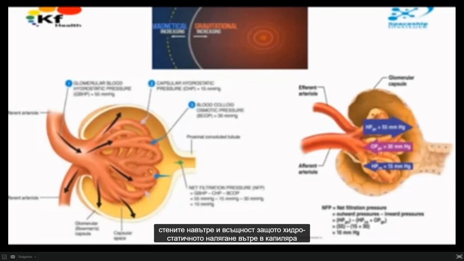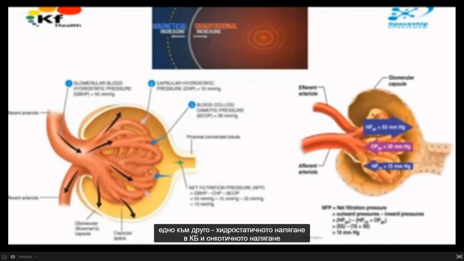And actually because the hydrostatic pressure inside of the capillary is bigger, this is 55 millimeters of mercury, it faces two more pressures which are opposite to it.